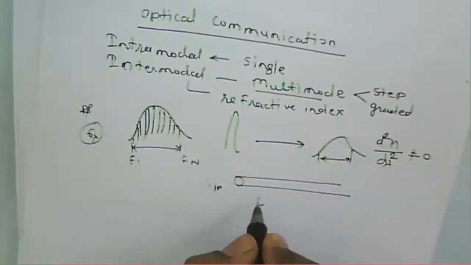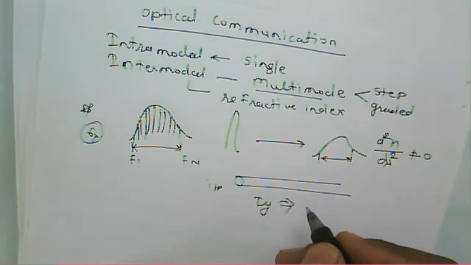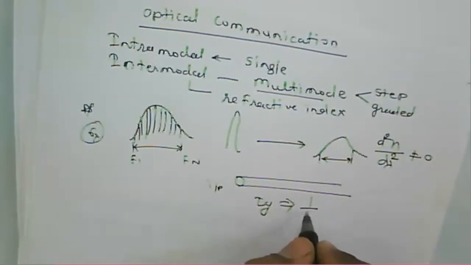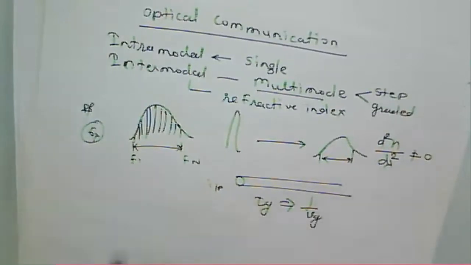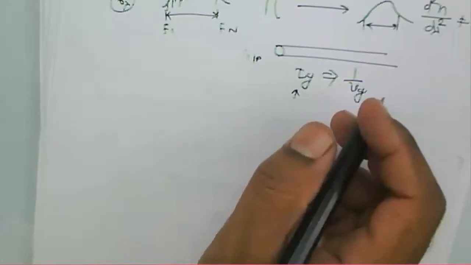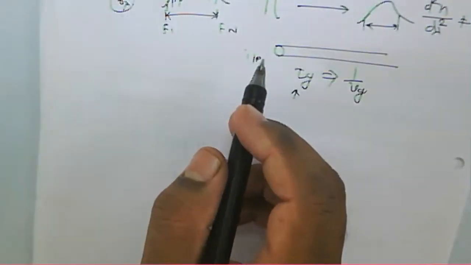And that particular group delay depends upon the velocity of the rays propagating through the fiber. The group delay is the reciprocal of the velocity. That is about intramodal dispersion.